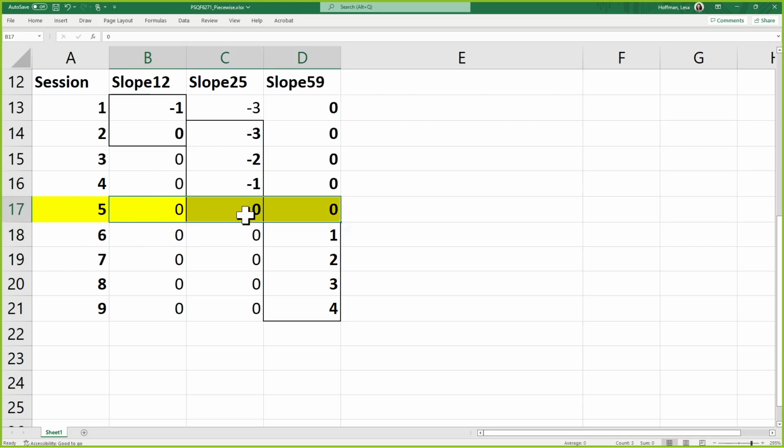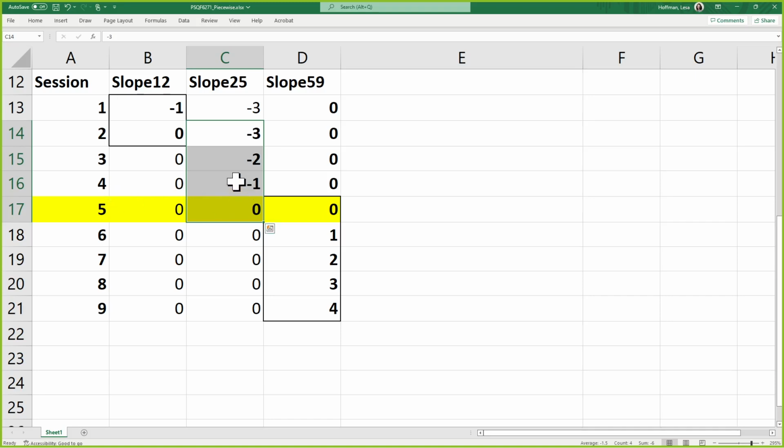So the easiest way to think about it is probably to start with the last one. So the last one is only supposed to be active between 5 and 9, which is why it's zeroed out up to that point. And then it tracks how much time has passed relative to session 5. Likewise, the middle one is only tracking 2 to 5, and so it goes backwards in time because 5 is the reference point.